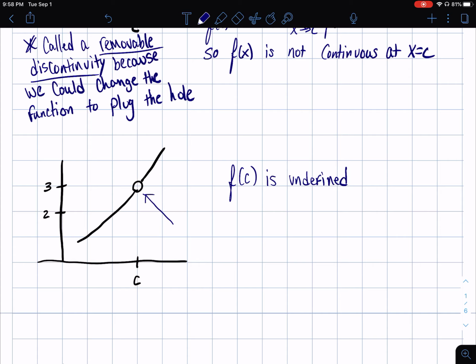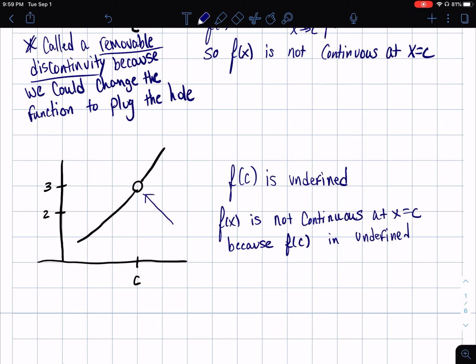So we'll just say f of x is not continuous at x equals c because f of c is undefined. So you need to get used to justifying things in words. And this would also be a removable discontinuity.